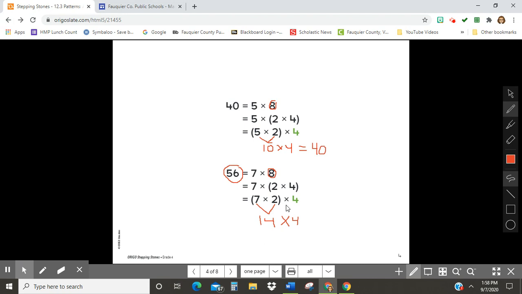And 14 times 4 is 56. 14 times 4: 4 times 4 is 16, carry the 1. 4 times 1 is 4, plus 1 is 5.